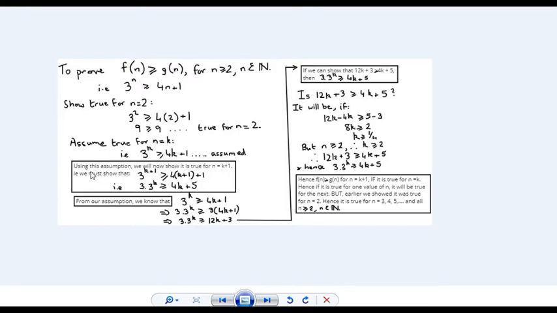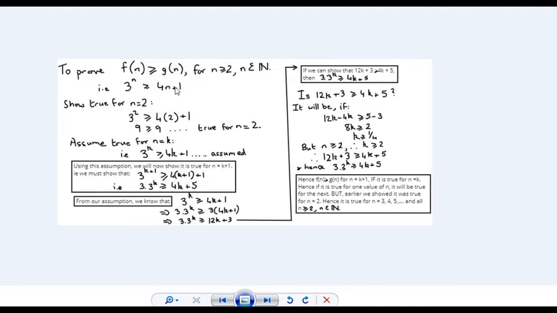Now, using this assumption, we will show it is true for n equal to k plus 1. We replace n with k plus 1. So our job now is to show, using this assumption, that 3 to the k plus 1 is greater than or equal to 4 by k plus 1, plus 1.